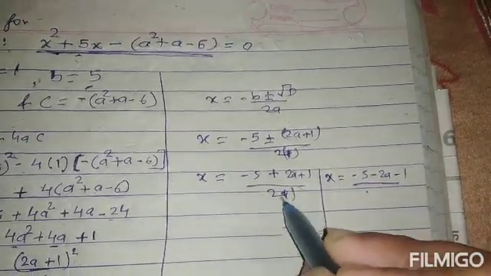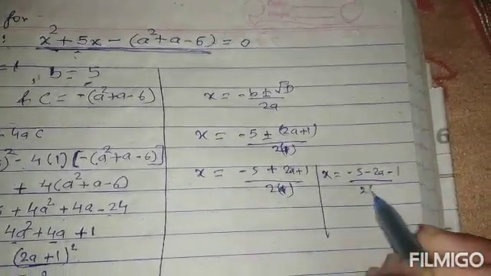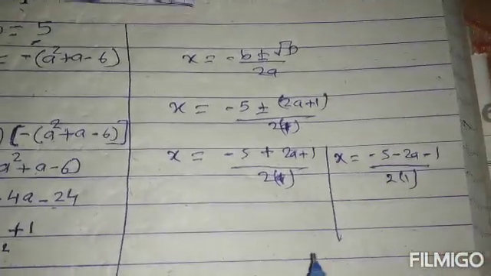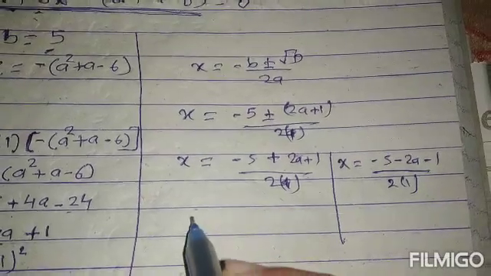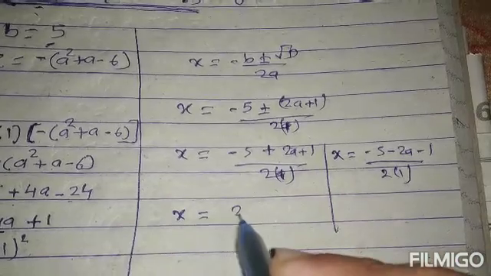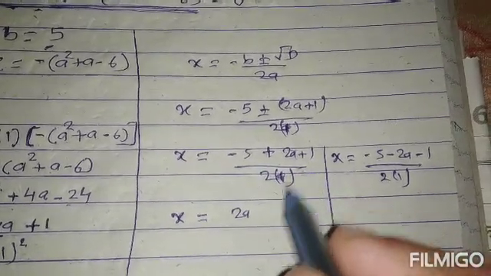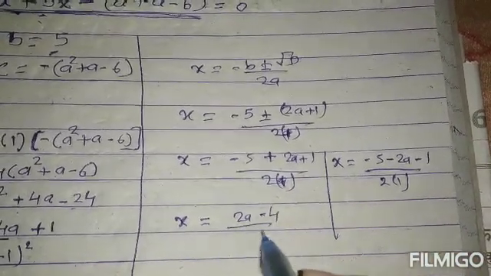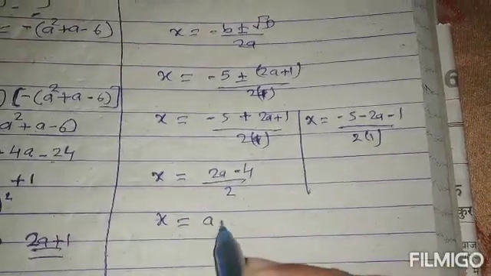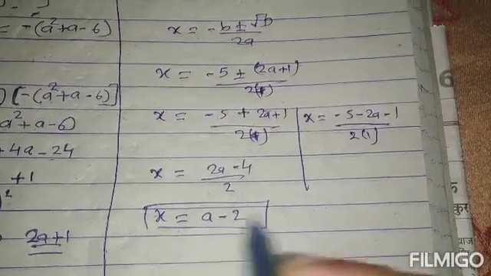That means this can be written as x equals 2a as it is, minus 5 plus 1 is minus 4, upon 2. Therefore x equals a minus 2 as one value.